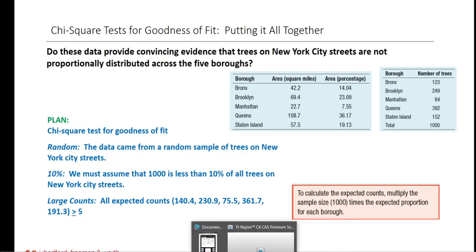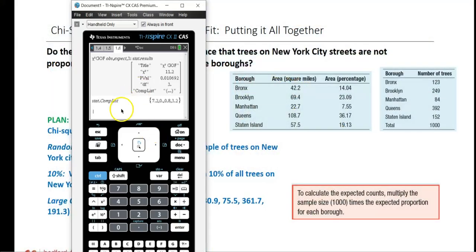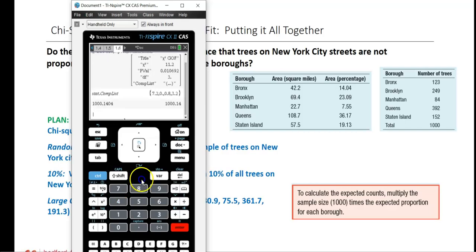So to get one of those expected counts, you take the percentage, like for the Bronx, it's n, which is 1,000. There's 1,000 trees. That was our n, times 0.1404, because the way they wrote it as a percentage. So I think that's right.